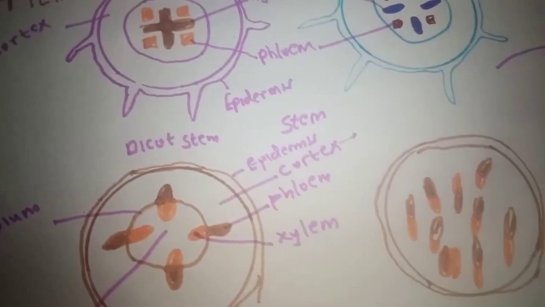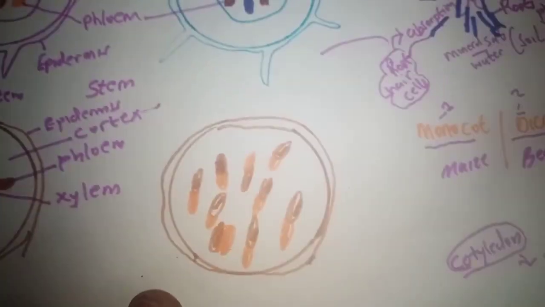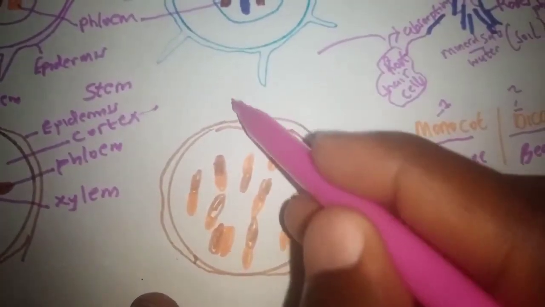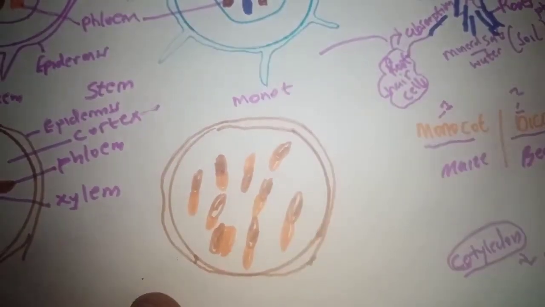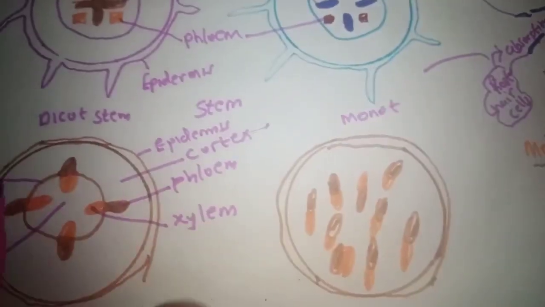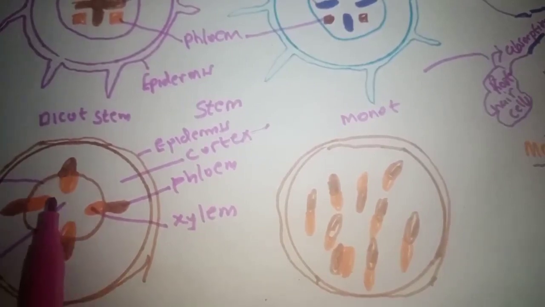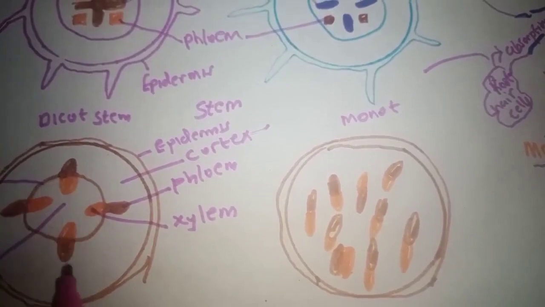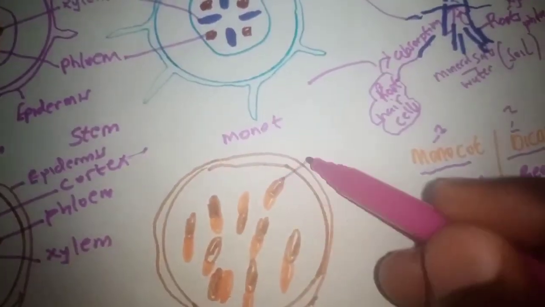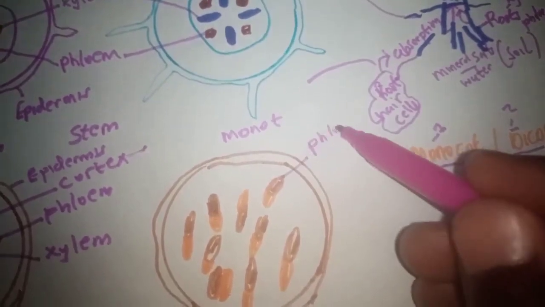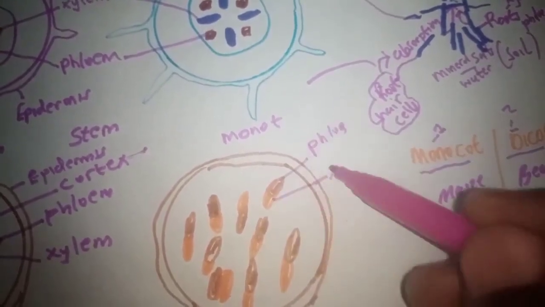The same thing here. Now this is a monocot because it doesn't have this ring arrangement where the xylem and the phloem are arranged together. This is only for a dicot. So this is the phloem, then the xylem.